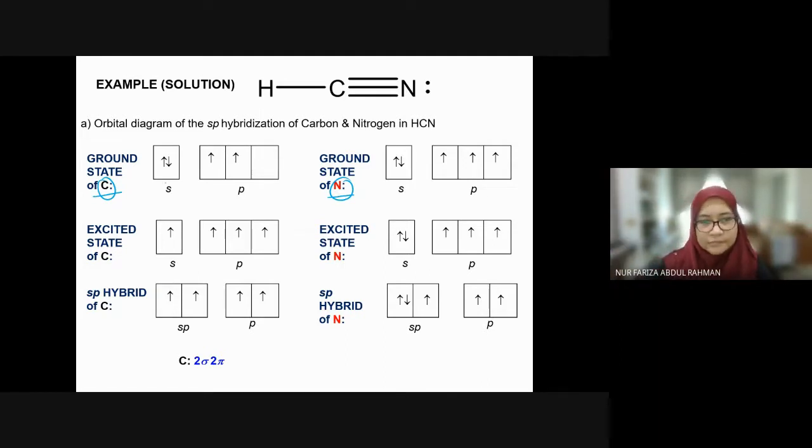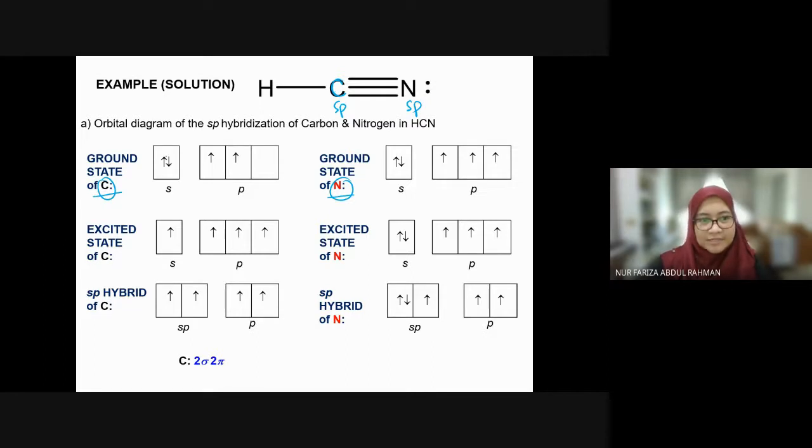Alright, so this is carbon. We have determined that earlier. This is sp and sp, right? Make sure that carbon still will undergo excitation. Why? Because as you can see, is there a lone pair on carbon? There is no lone pair on carbon.